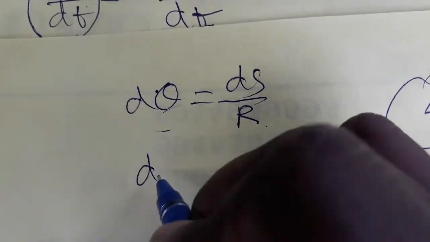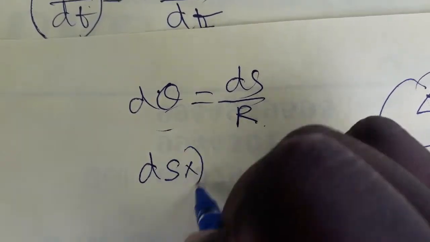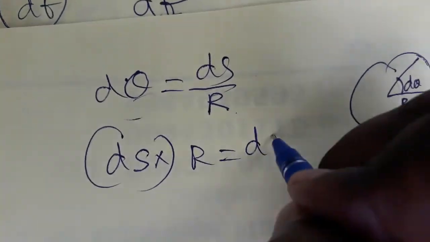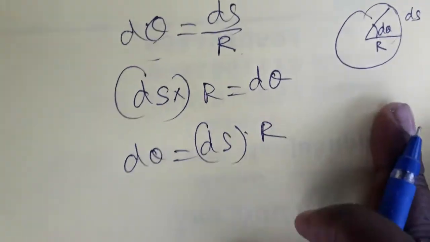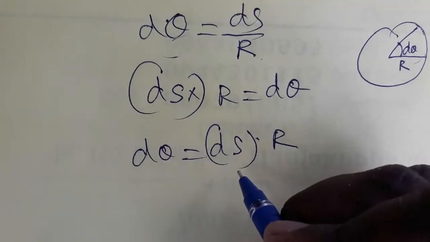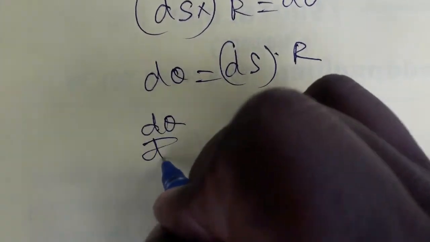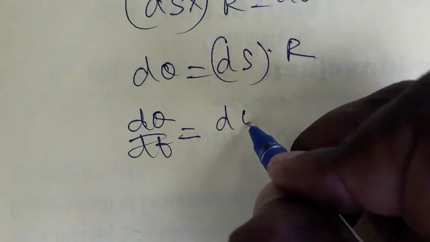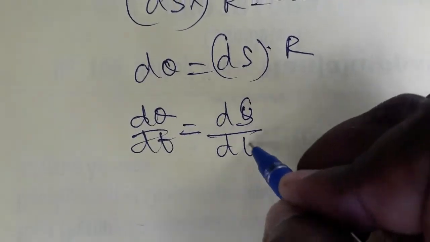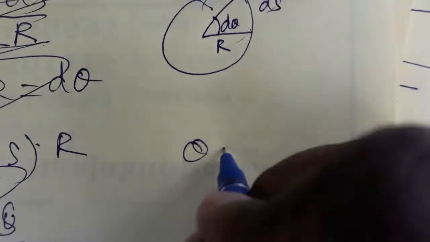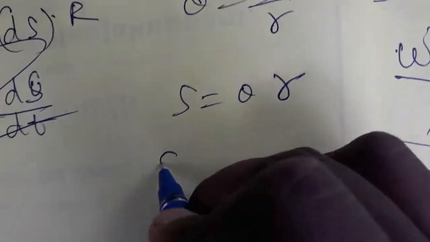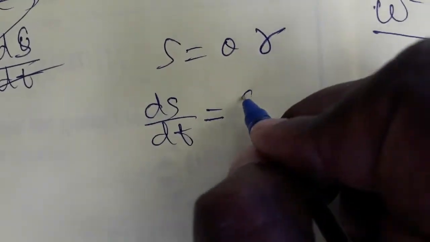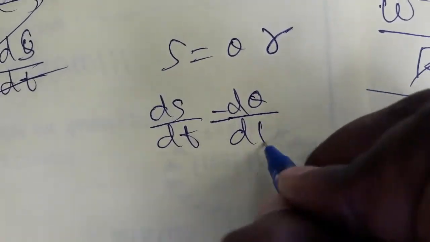Differentiating the same equation with respect to time, we get d theta by dt. See here, theta is equal to s by r, so s is equal to theta times r. Differentiating with respect to time, ds by dt equals d theta by dt into r.